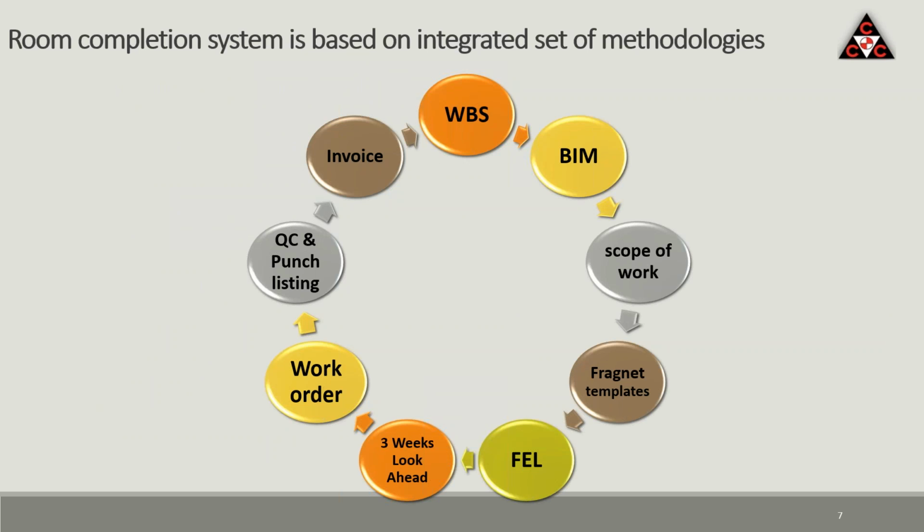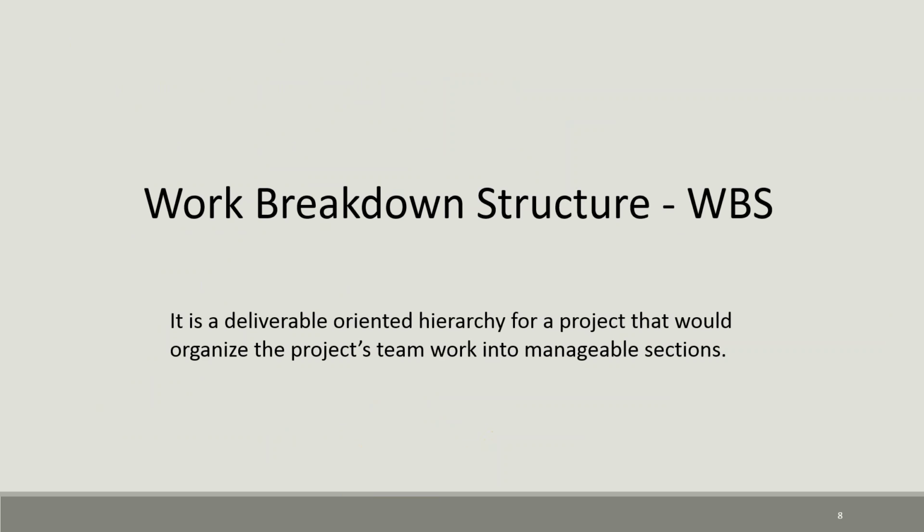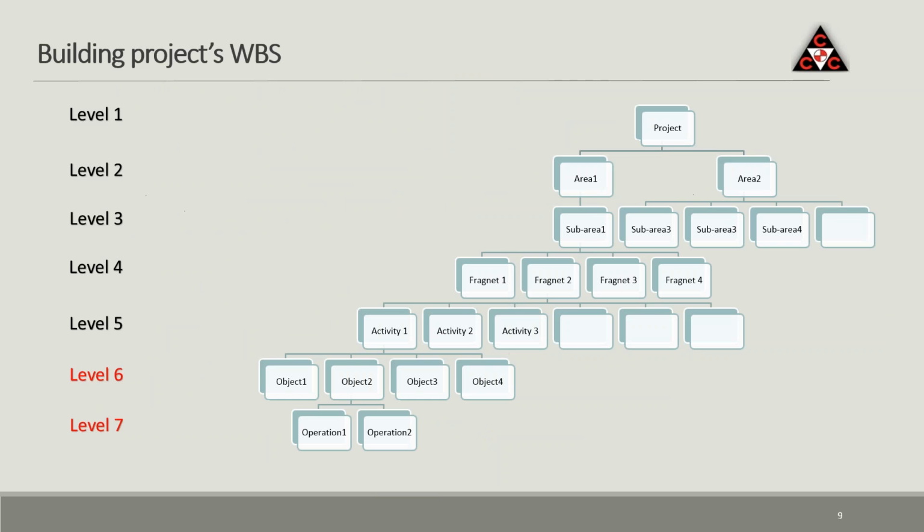The first thing is we said WBS, which is how we divide the project. And it's very important for us because we use it also to name the objects that we want to use. So basically we divide the project into major areas, and then within that major area, level 3 is sub-areas. Level 4 is what I call a fragnet, and the fragnet is a phase plus a method of construction.